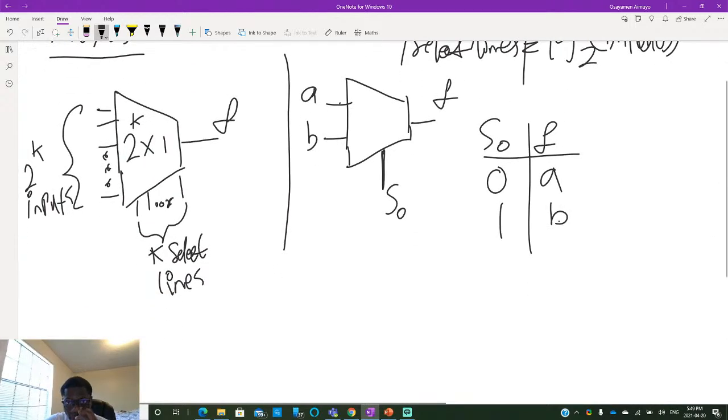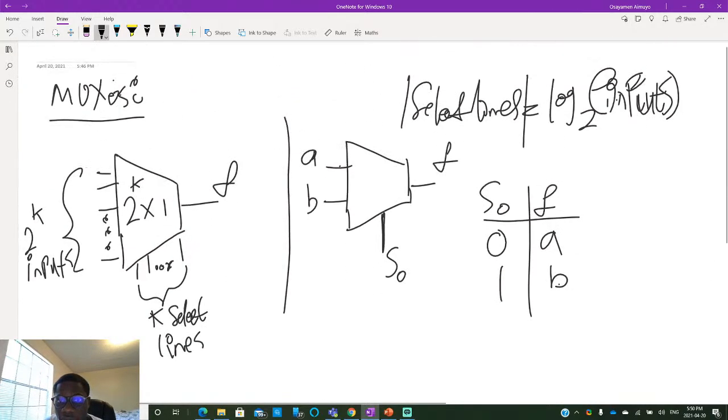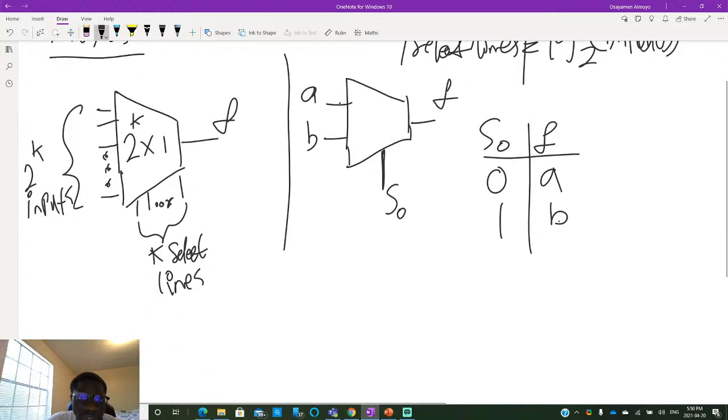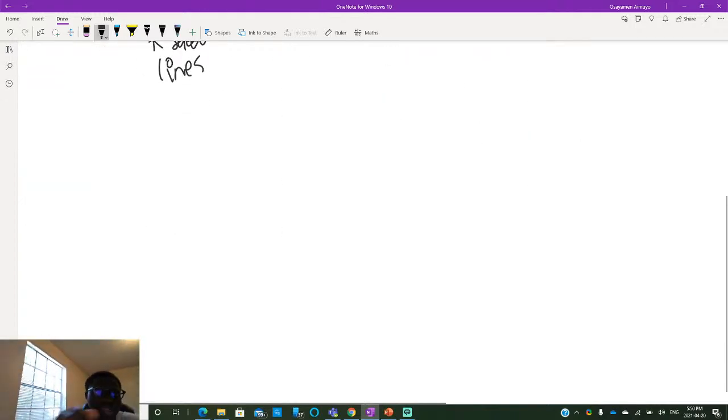Another good benefit of muxes is that they are universal components, such that the NOT gate, AND gate, and OR gate can be derived from a 2 by 1 multiplexer. Let me show how that's the case.